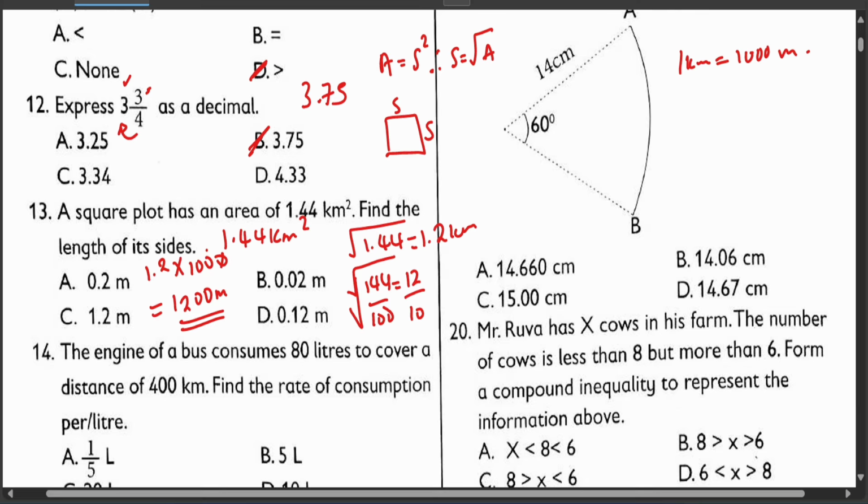But I don't know why there isn't 1,200 meters among the options. The question was set wrongly, because I changed the kilometers to meters. This one shouldn't be kilometers square, most probably it should be meters square. So if it is meters square, obviously your answer will be 1.2 meters, and that is your answer.